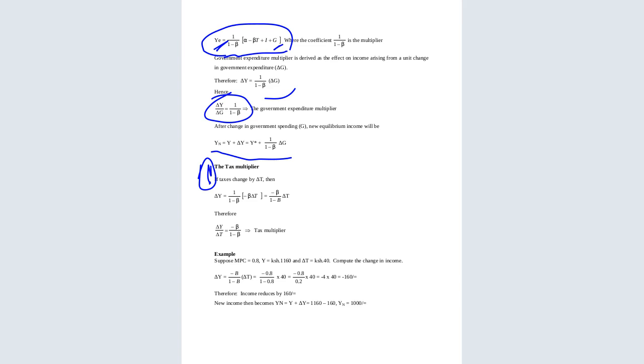So we assume T is actually the lump sum taxes. Suppose now we have tax that is made up of the autonomous tax and then the induced tax. So what will be the multiplier?